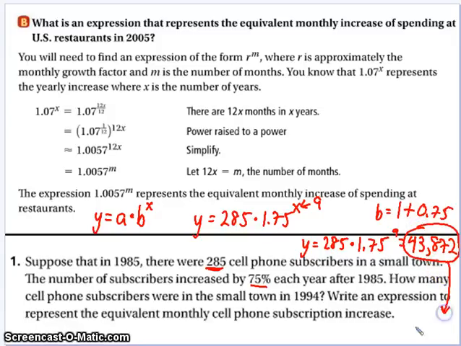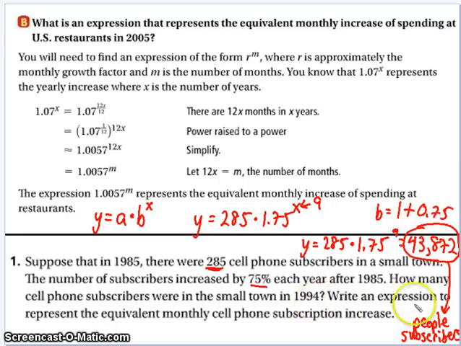So we label it people or subscribers. It started with 285. That's the beginning, that's A. We added 1 plus the percentage, that became B. And then the exponent was filled in by how many years we were dealing with from 1985 to 1994.